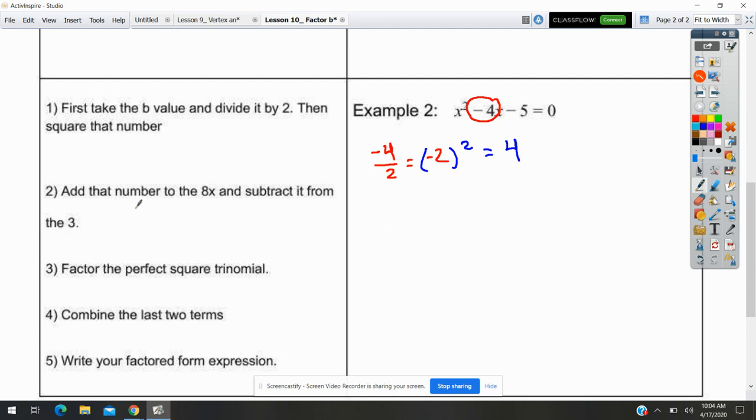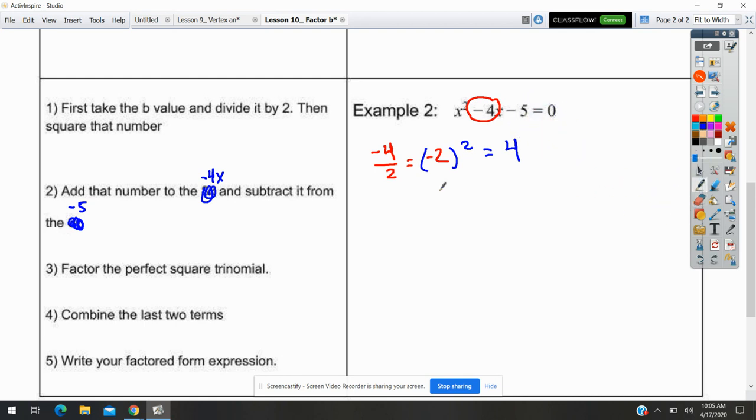Okay. I made a typo here. Just change this in your notes and subtract it from the negative 5. So we're going to add this 4 to the negative 4x here, and we're going to take it away from the negative 5, like we did in the other problem.